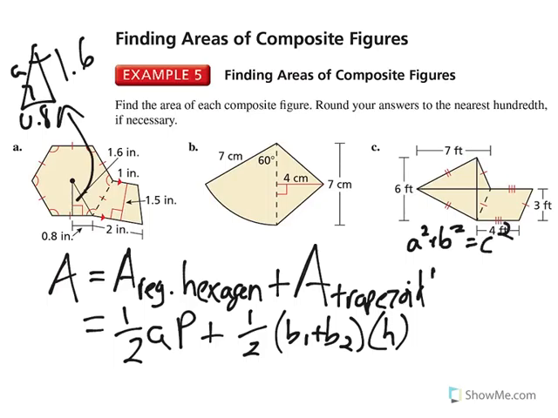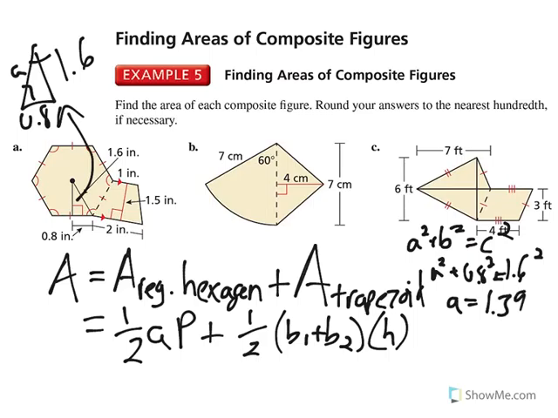That means we're going to have the apothem squared plus b, which is our 0.8 squared, equals c, our 1.6 squared. Once you solve that, you're going to end up getting that the apothem is approximately 1.39.